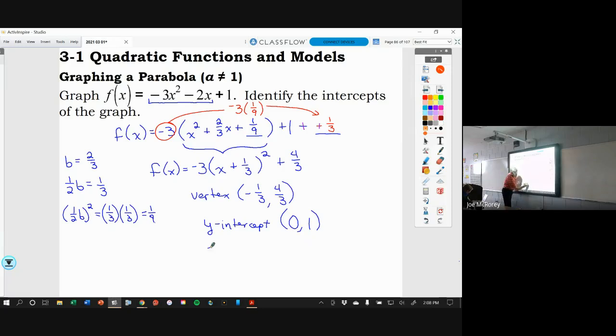To find the x-intercepts, I'll just sketch it real quick. The vertex is at negative 1/3, positive 4/3. It's up here somewhere. And which way is this parabola open? Down. Is it going to touch the x-axis if it opens down? Twice? Okay, we'll continue tomorrow.